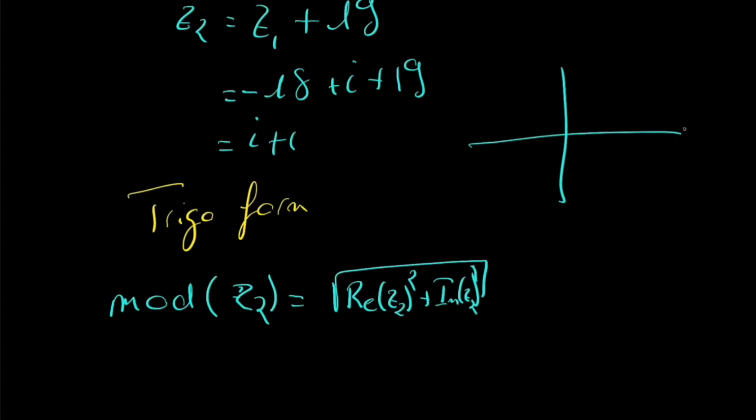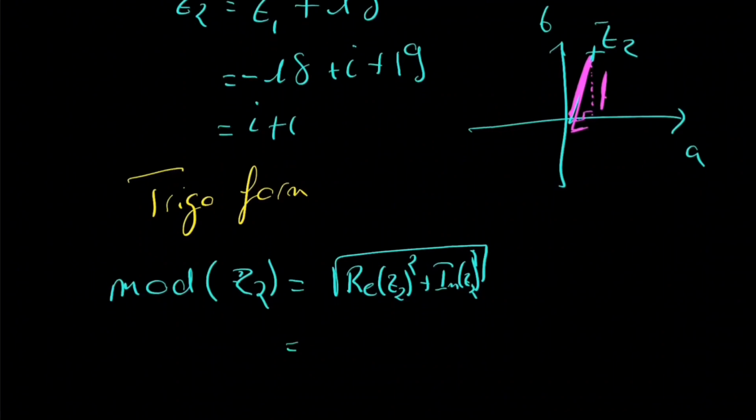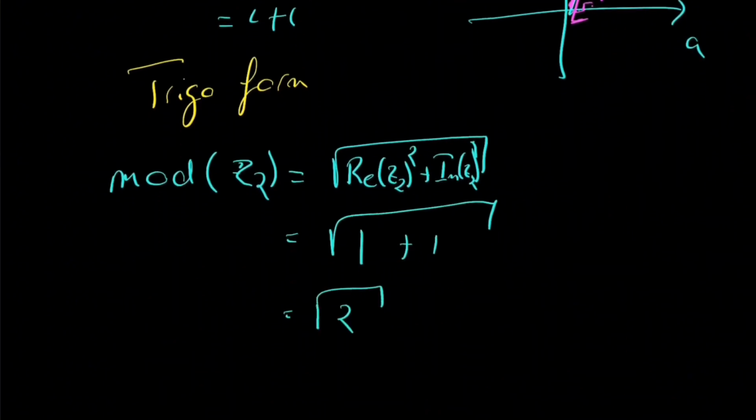And when written in the complex plane, with z2 here, for instance, so that's totally a random z2, the module is equal to this distance. And why this formula? Because here we have a right triangle and we're just applying with the real part and the imaginary part the Pythagorean theorem. Okay, so here it is equal to square root of 1 plus 1, which is equal to square root of 2.